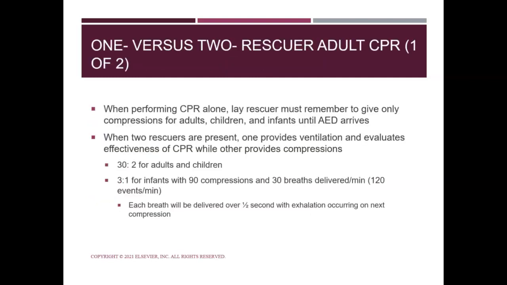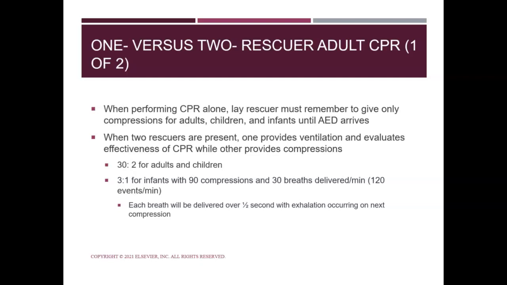All right, so one versus two-person adult CPR. They've simplified this over the years too. They don't really want you changing your ratios when you go from one to two-person, because it's just too confusing, and it's easier to stick with one set of numbers.